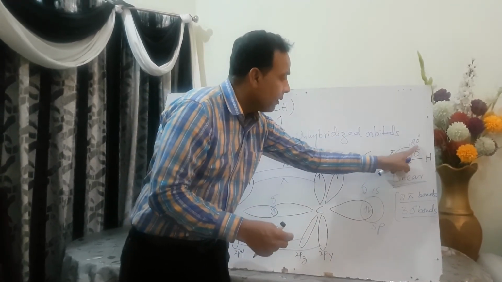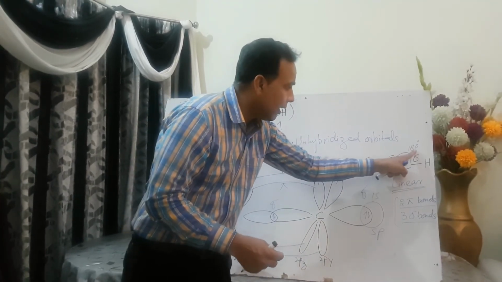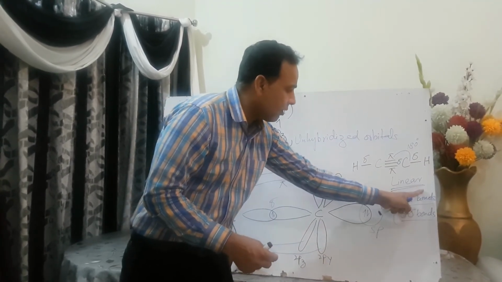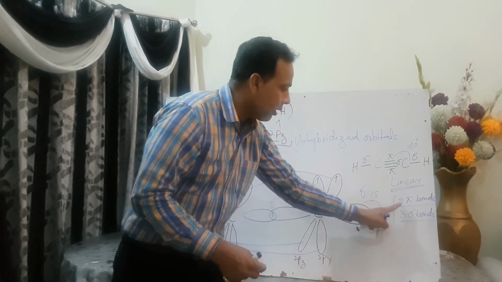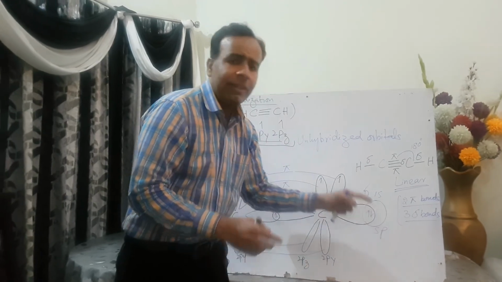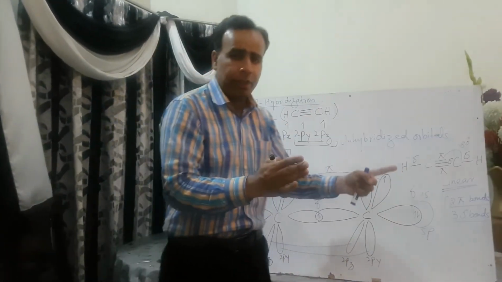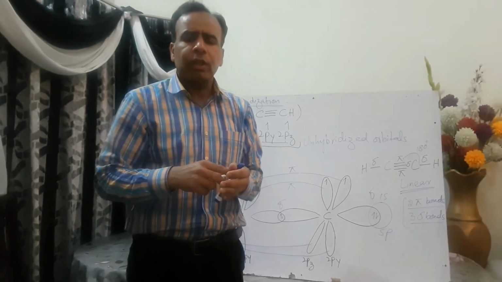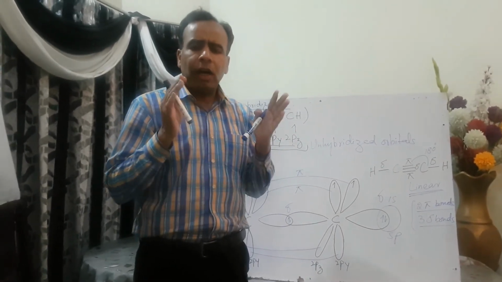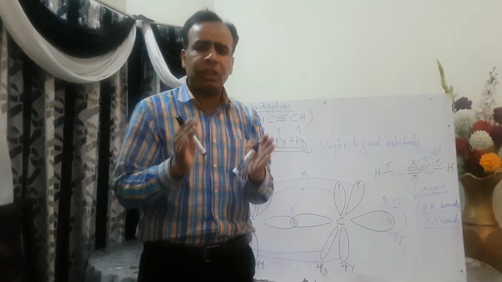And here the bond angle in the case of ethyne is 180 and its structure is linear. There are a total of 2 pi bonds and 3 sigma bonds produced in the case of sp hybridization. This is all about the topic of orbital hybridization. Thank you very much for watching my video.